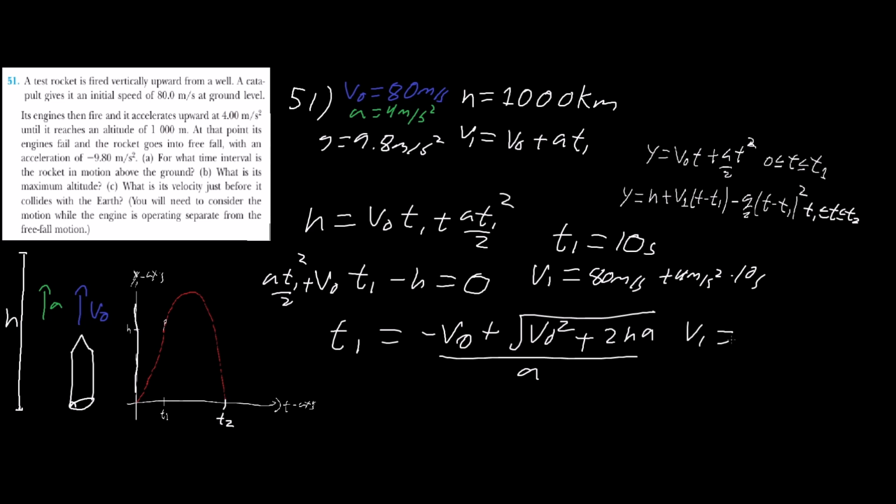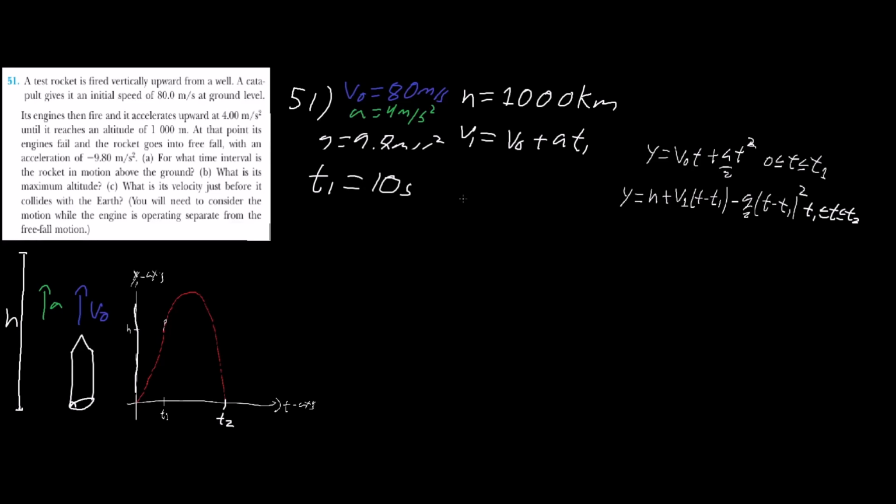From there, v1 is just going to be 80 plus 40, which is 120 meters per second. So we already have two variables. So once you're given the time it takes to reach a height of 1 kilometer, then you can get the final velocity being the new initial velocity, 120 meters per second.